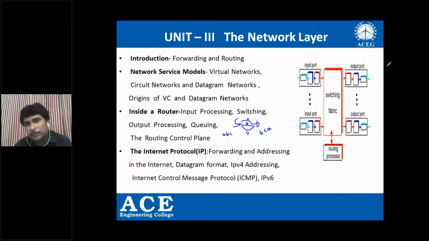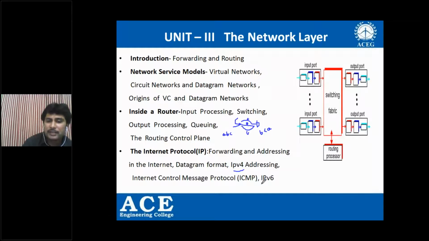So we are opting for the next version of IP called IPv6, with a capability of 2 power 128. So we are going to learn about IPv4, IPv6, and also compare those two versions.